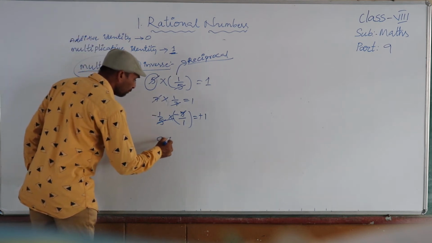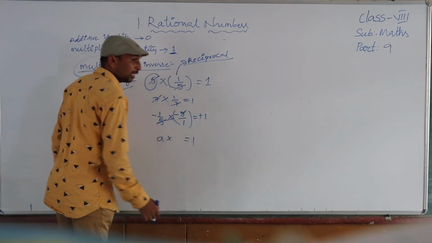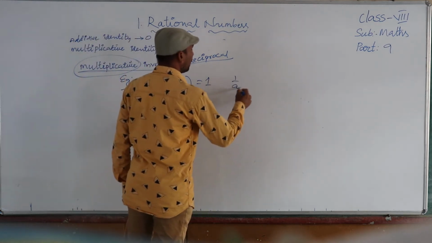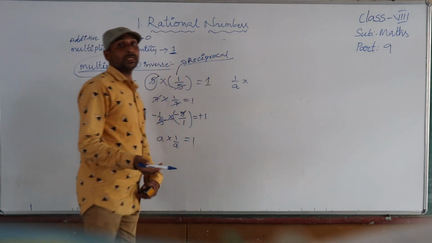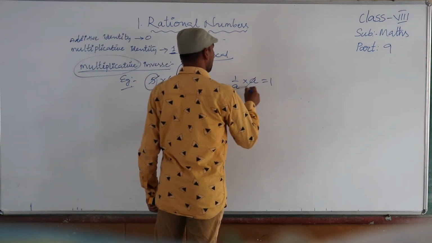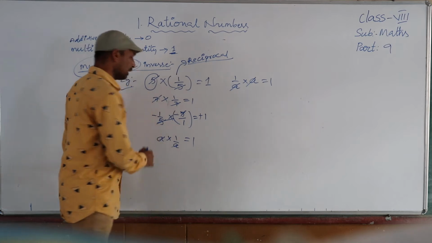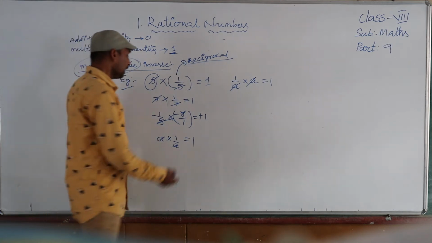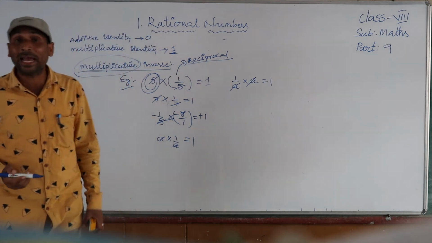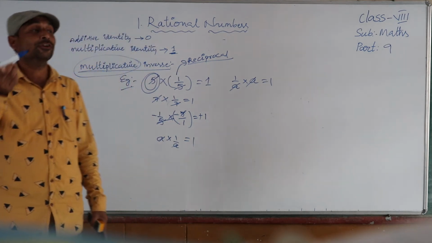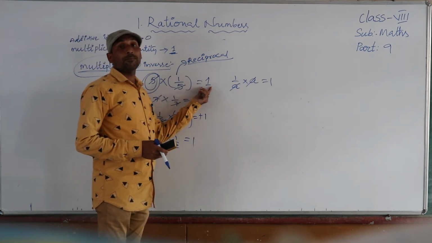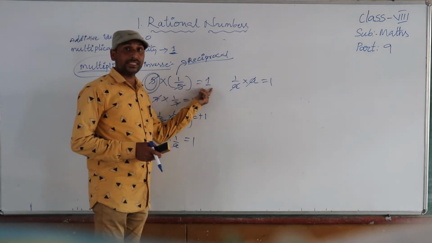If you take A, then how will you get 1? 1 by A. If you take 1 by A, we should multiply with A, and both cancel and we get the answer. So when a number is multiplied with its reciprocal, we get the multiplicative identity.